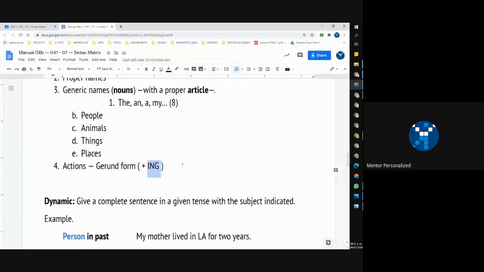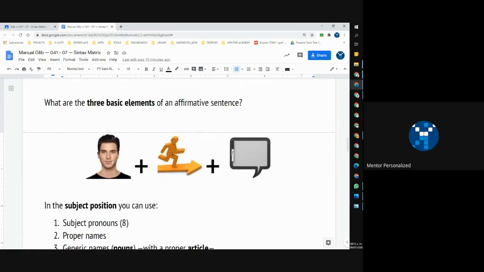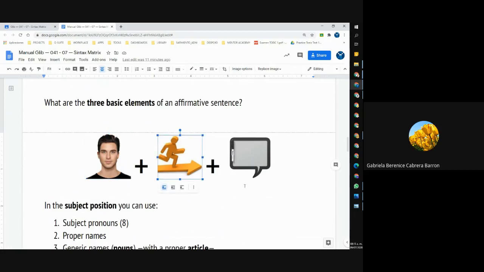For example, how do you say, ir de compras es muy divertido? Ah, you say going shopping. Repeat, going shopping. Going shopping is very fun.